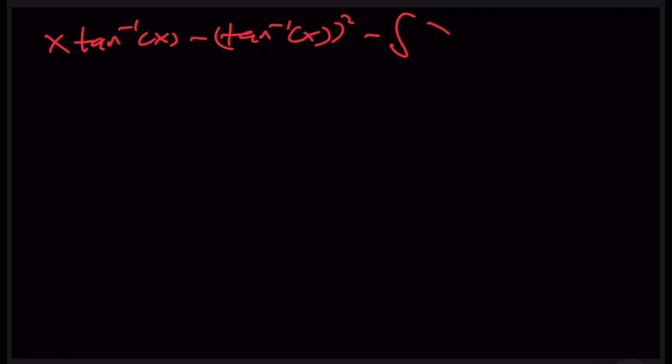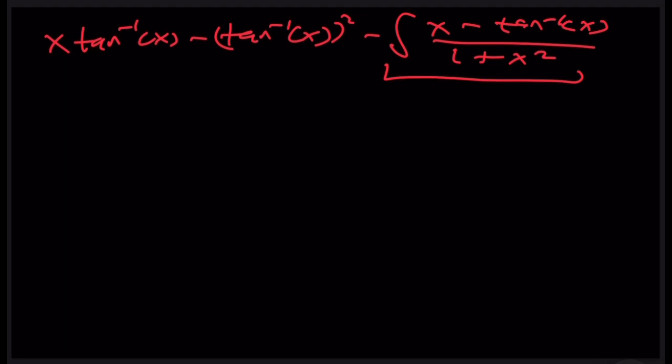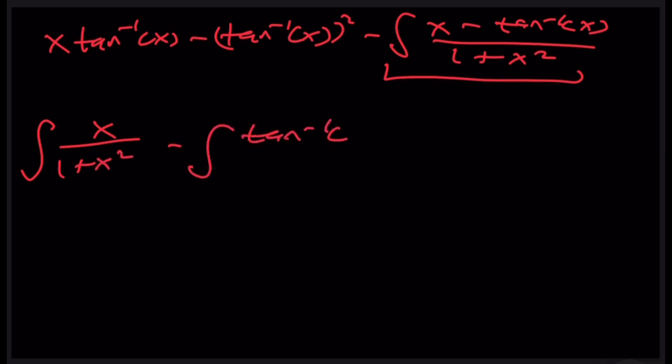We have x tan inverse x minus tan inverse x squared minus the integral of x minus tan inverse x all over 1 plus x squared. And so this integral we're going to split up into the integral of x over 1 plus x squared minus the integral of tan inverse x over 1 plus x squared.